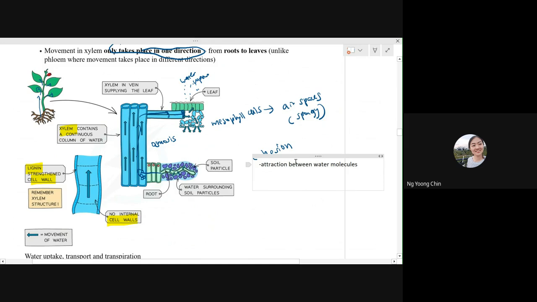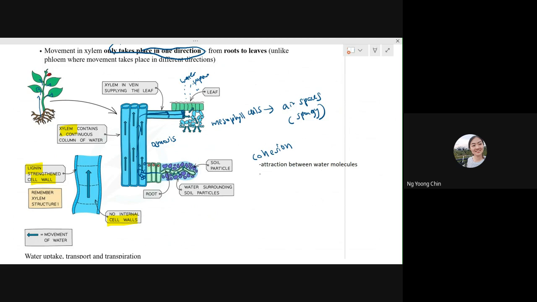So this is known as cohesion. So the water molecules will combine together to form a larger water molecule. If there's another water molecule on their upper layer, they will stick to each other, because water molecules tend to stick to each other.